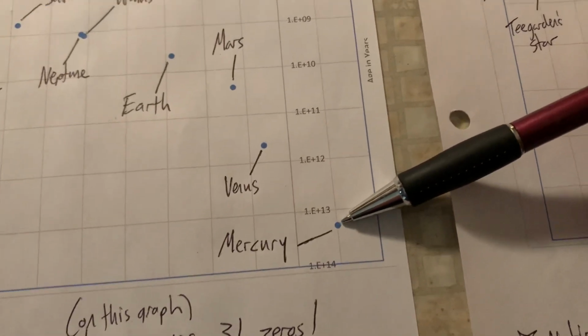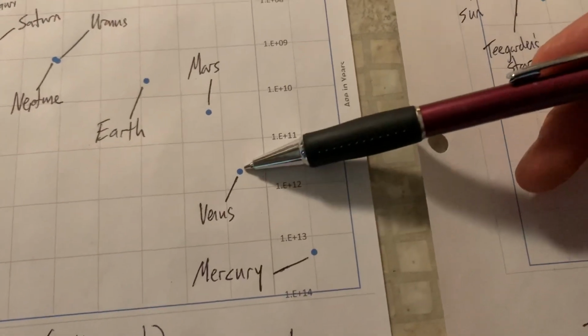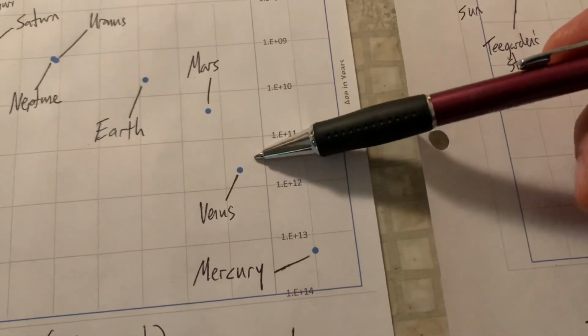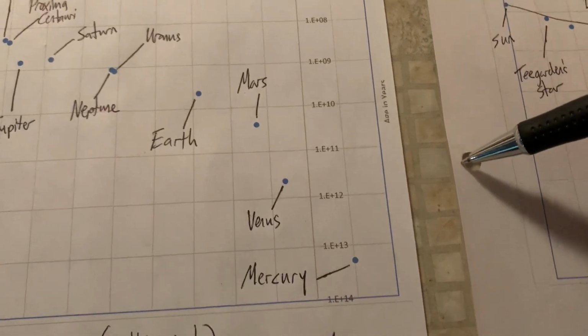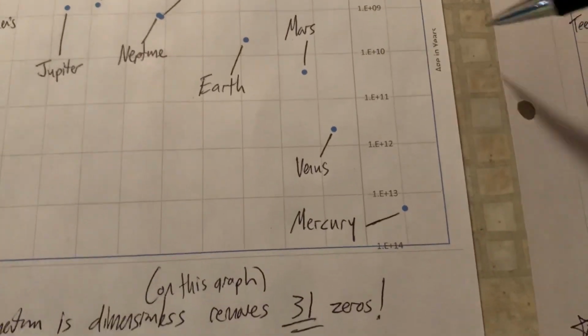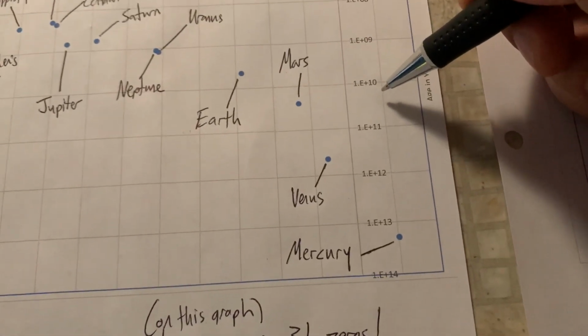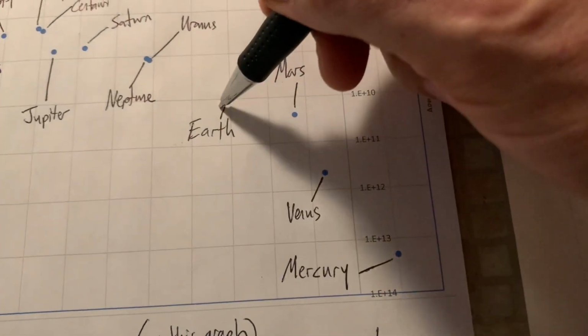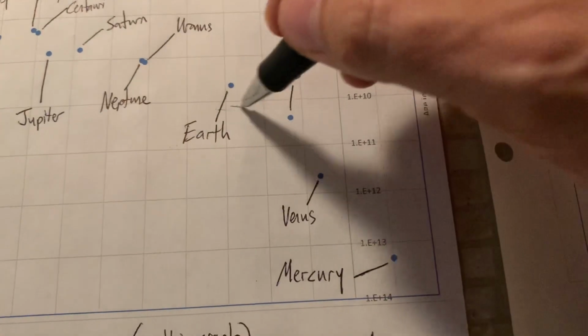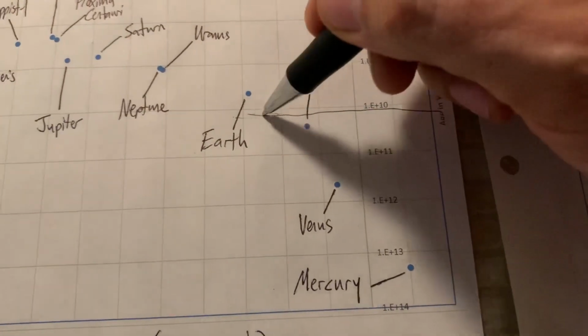This thing is really, really old, as well as Venus, but Mercury just puts Venus to shame, which puts Mars to shame. Unfortunately, inside of the dogma, nothing can be older than 13.7 billion years. And if you look at this graph here, 13.7 billion years, the cutoff would be about right there.